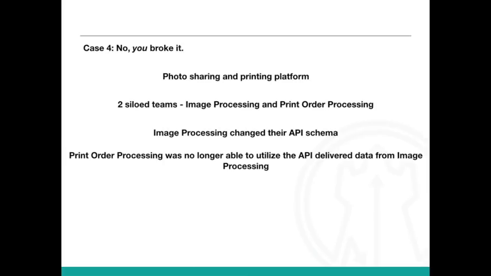And what happened here is definitively human error. One team, both of which are very siloed from each other, changed the schema of the output of their API. As a consequence, the print order processing team was no longer able to utilize the API delivered from image processing.